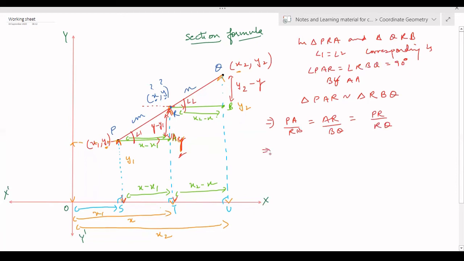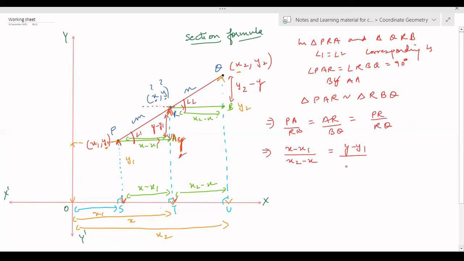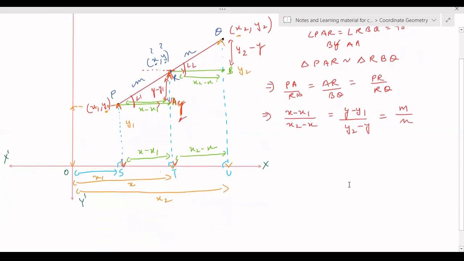Going back to the triangle, the distance PA is x minus x1 and RB is x2 minus x, whereas AR is y minus y1 and BQ is y2 minus y, whereas PR was m and RQ was n.